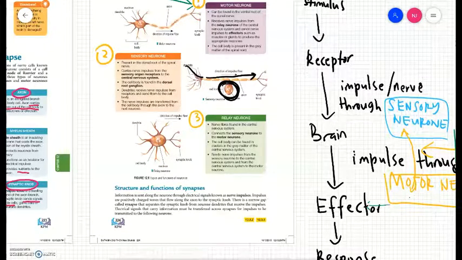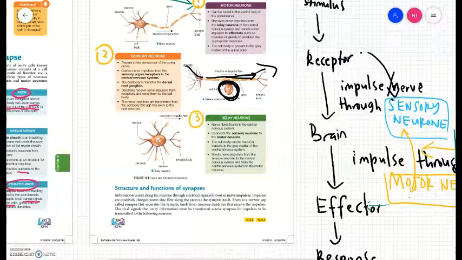Okay, what is the function? It is to receive nerve impulse from the receptor. When the sensory neuron receives the nerve impulse, the nerve impulse will be transferred to the cell body and next to the axon, and then synaptic knob to be transferred to the next neuron.